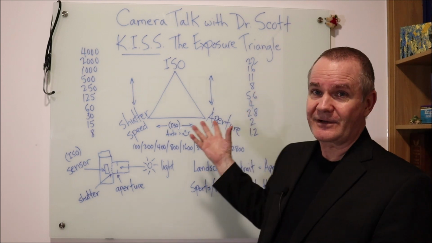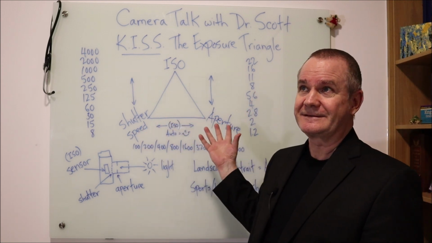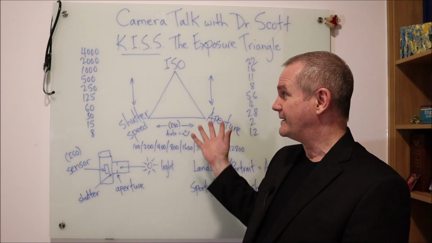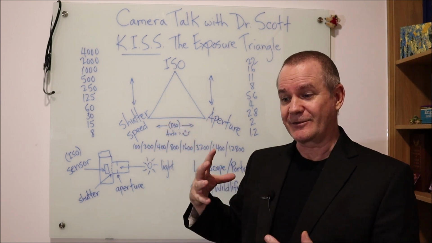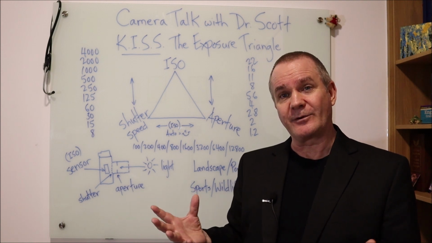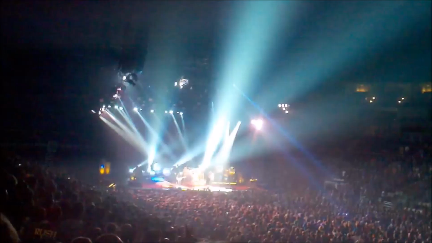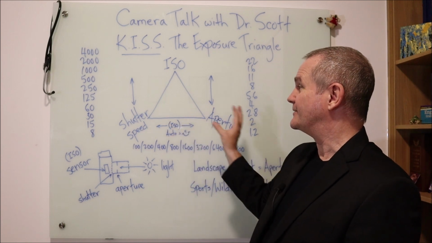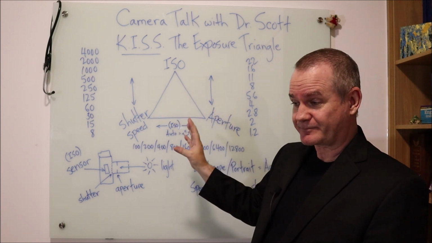Now, as you get into photography, of course, you want to start to get a little more control over your artistic impression of what you want your photos to look like. So you start to play with these numbers.